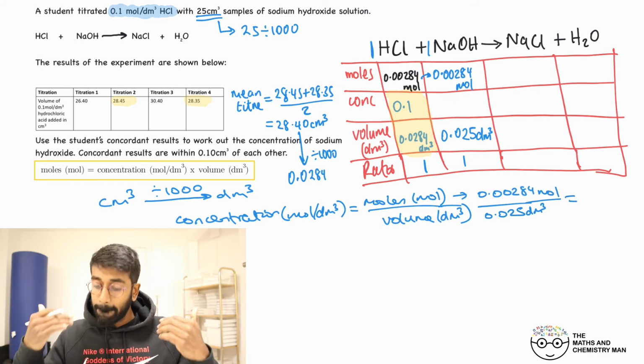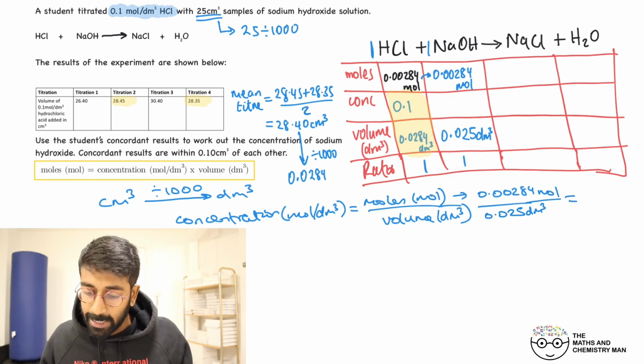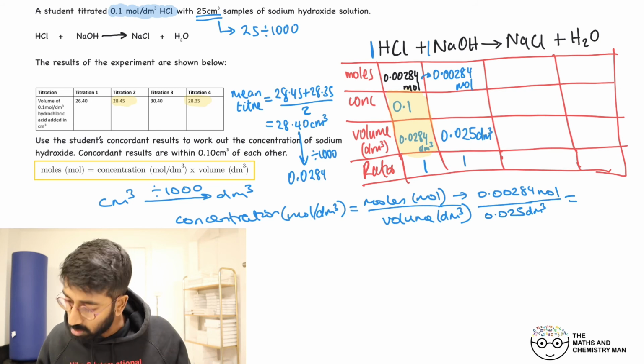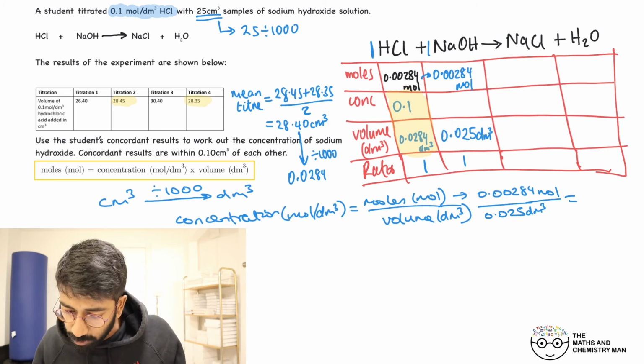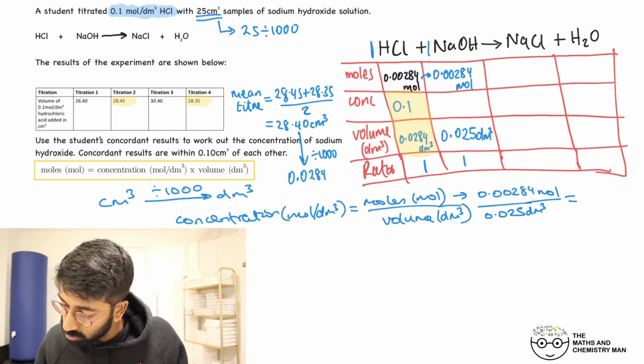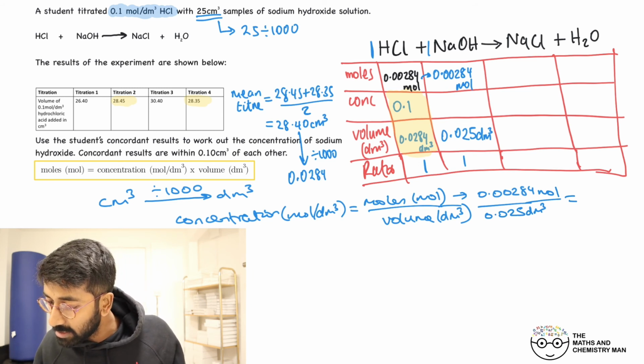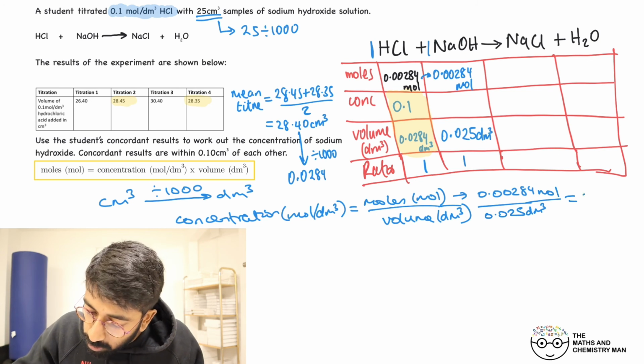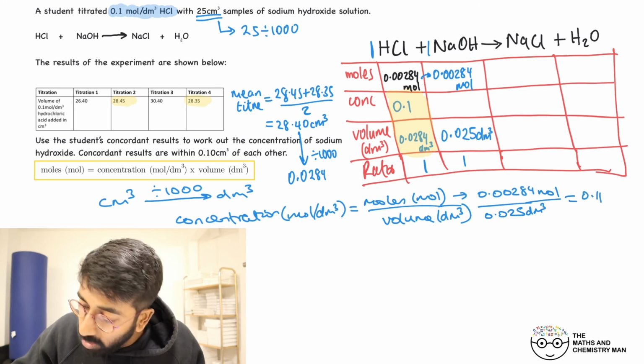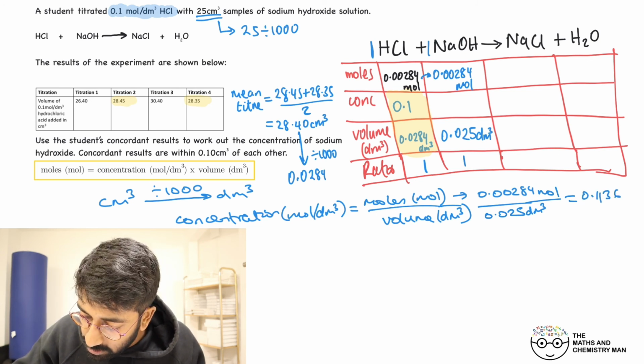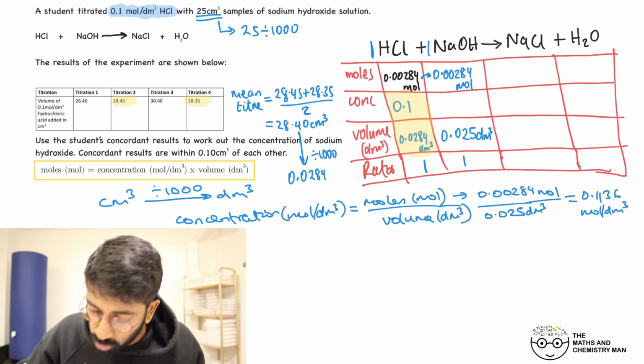So all we need to do now is punch it into the calculator, and that will give us our concentration. So we've got 0.00284, divide that by 0.025, and that comes out as 0.1136. There we go, and that would be in mole per dm cubed.